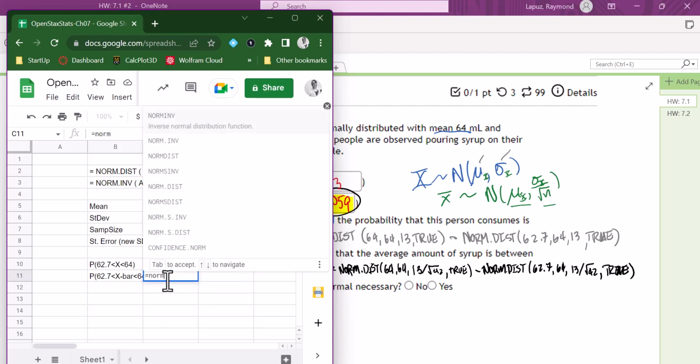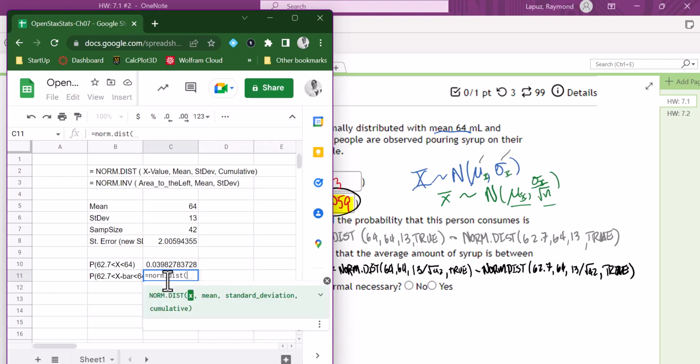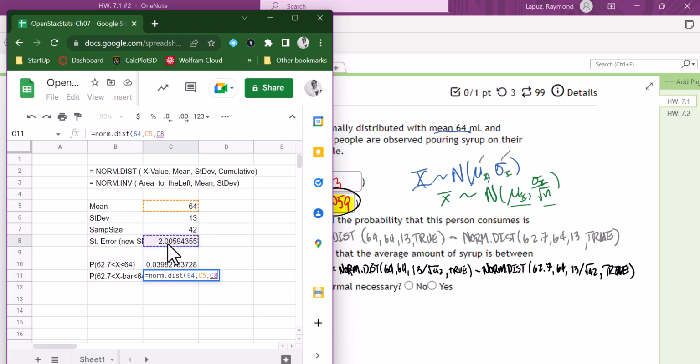So I'll type norm.dist, and then I have 64 comma the mean. Now the standard deviation is not 13, but instead it's 13 divided by square root of 42, which we actually computed here. So I can type 13 divided by square root of 42, or I could just click on this number and that'll automatically get that figured out. And then true. Again, the answer here is 0.5 if I stop here, because that's exactly the same as the mean and you're looking at just half of this.